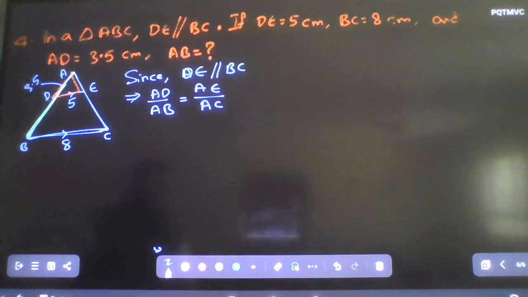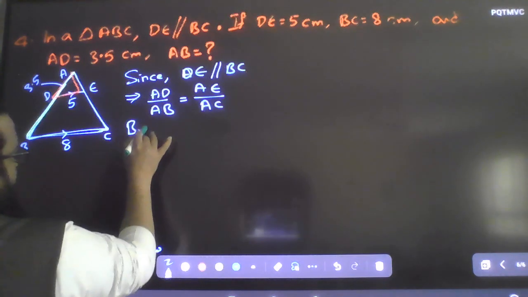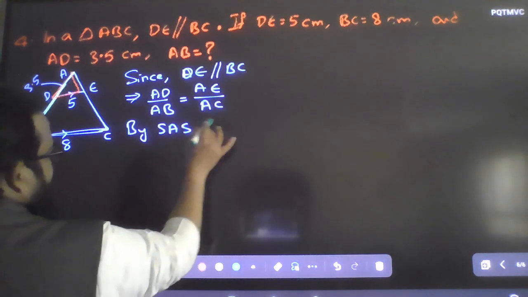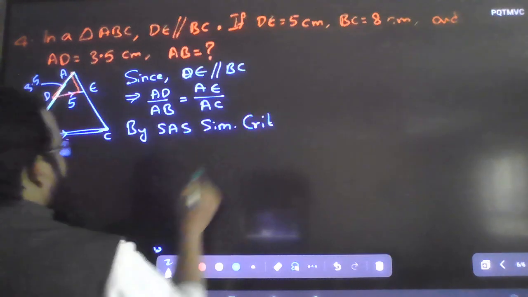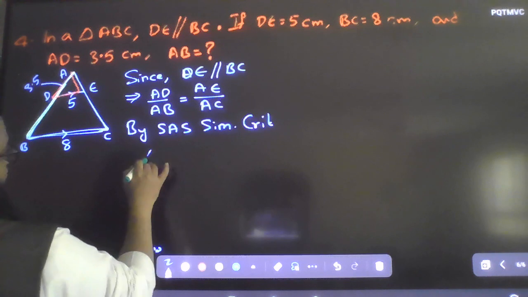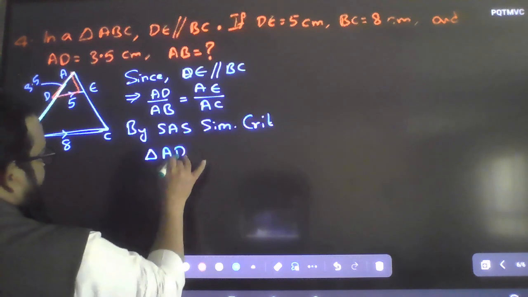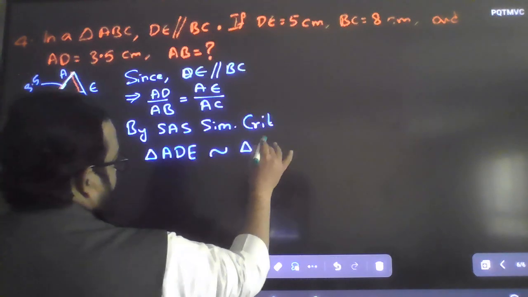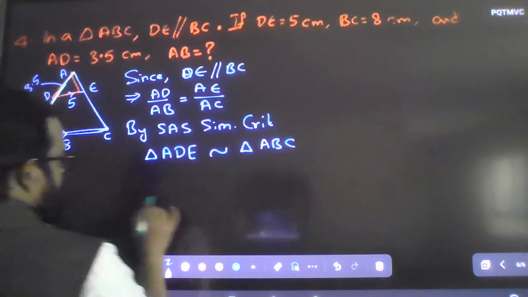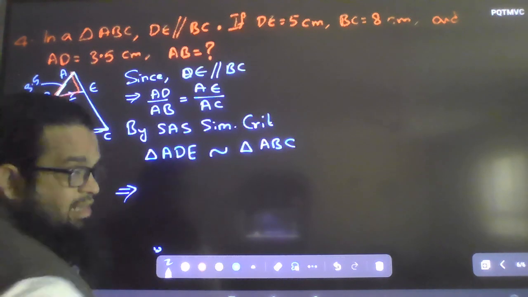Understood or not? And after that, by SAS similarity criteria, triangle ADE is similar to triangle ABC. So if they are similar, what will happen?